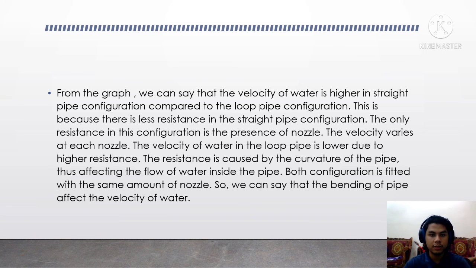The velocity of water in loop pipe is lower due to the higher resistance. The resistance is caused by the curvature of the pipe, thus affecting the flow of the water inside the pipe. Both configurations are tested with the same amount of nozzle, so we can say that the bending of pipe affects the velocity of the water.